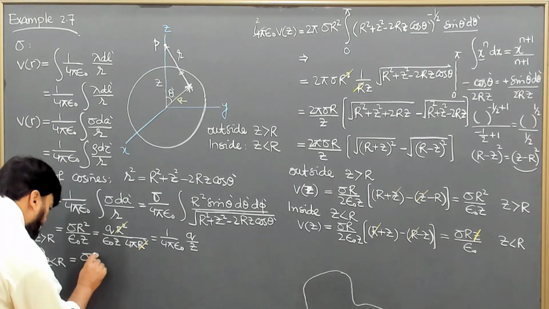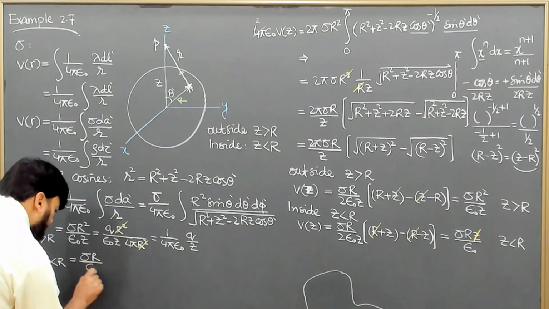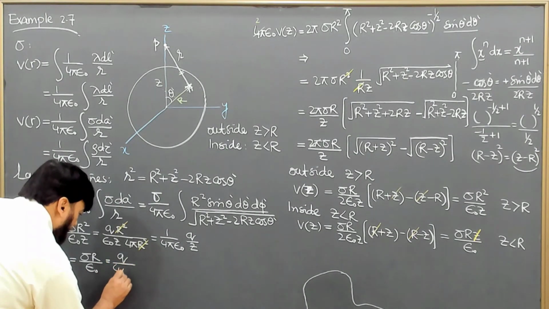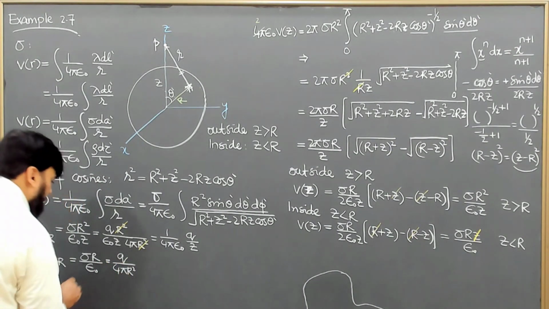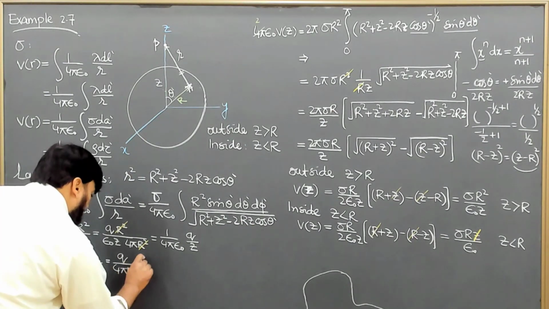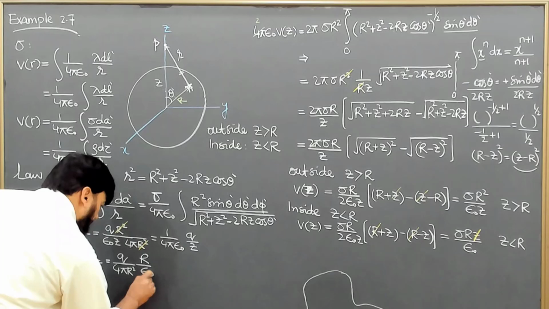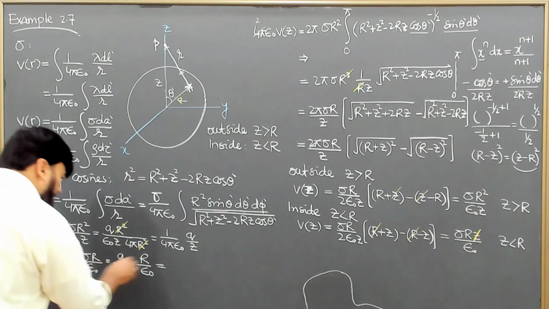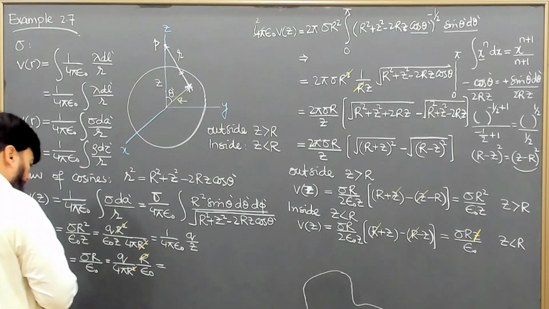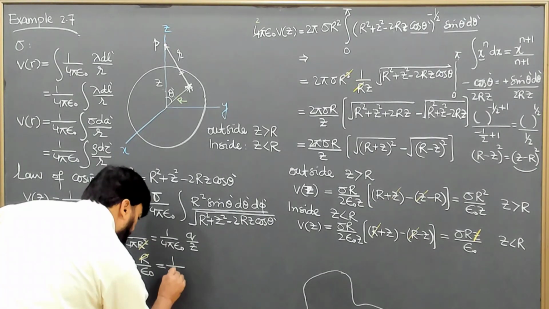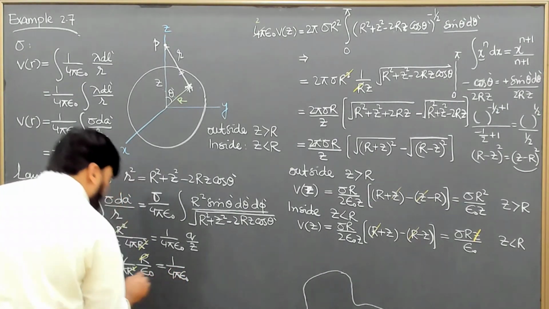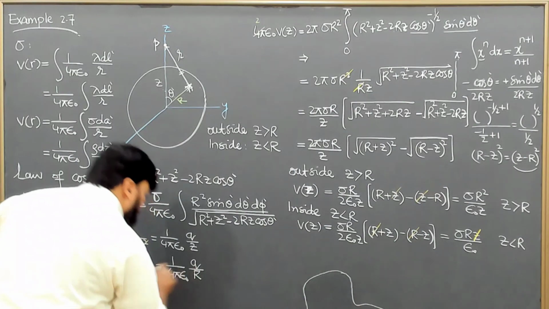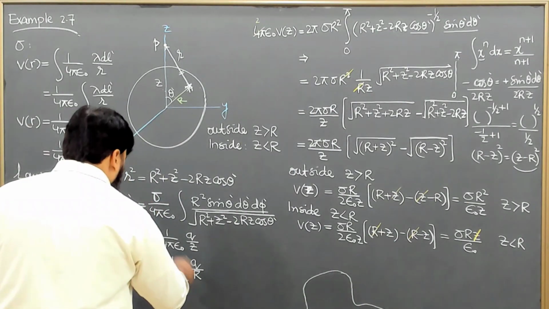And here when I write v of z for z less than r, then this is equal to sigma r over epsilon naught. So this is q over 4 pi r squared, and this is r over epsilon naught. There is one cancellation of r, so 1 r will remain, and we will have 1 over 4 pi epsilon naught, and then q over r, and this is a constant.